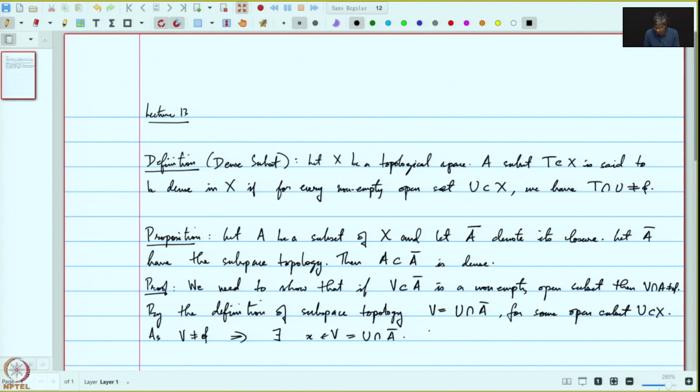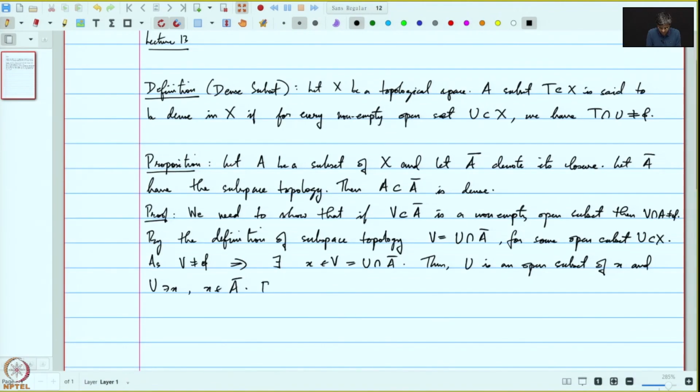Therefore, U is an open subset of X and U contains x, and x is in A closure. So thus, by the definition of closure, this implies that U intersection A is non-empty.